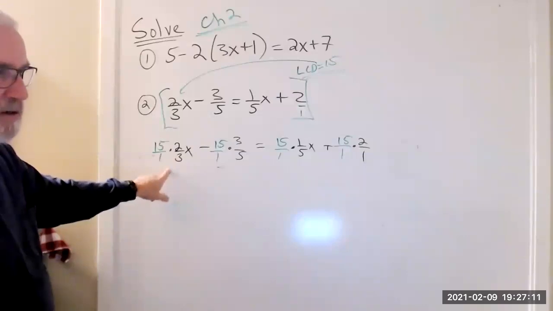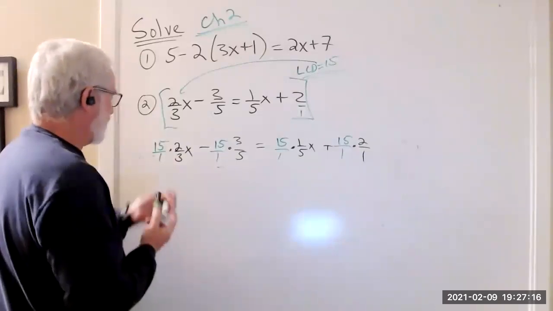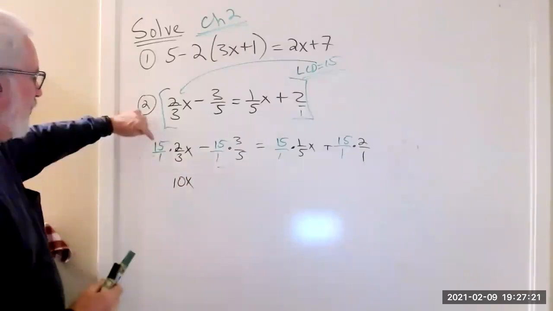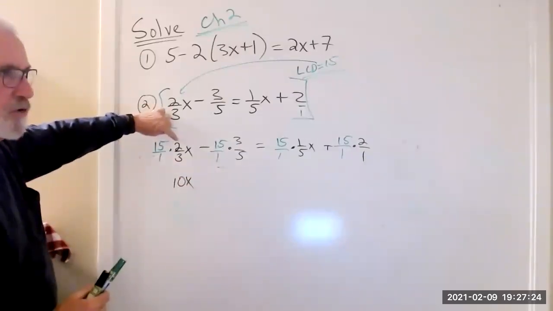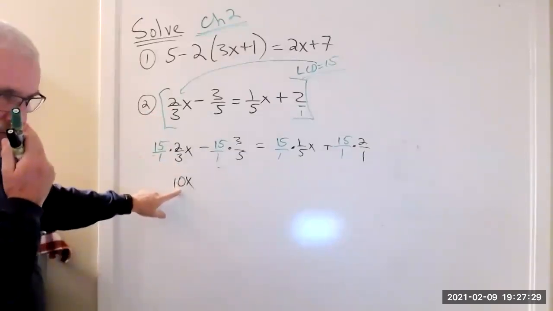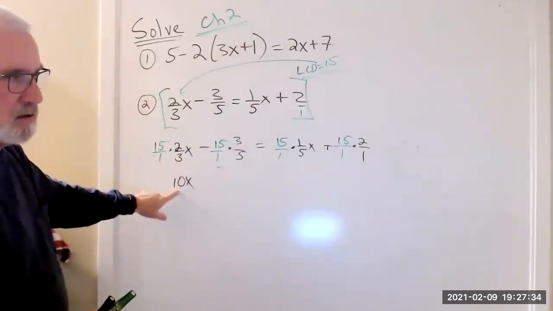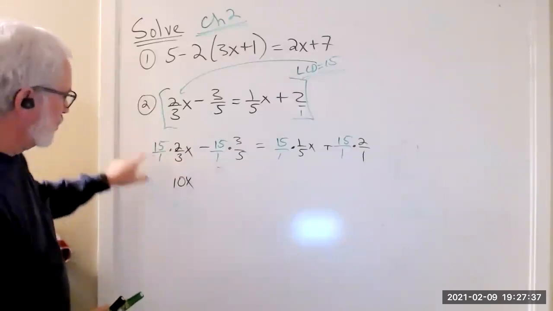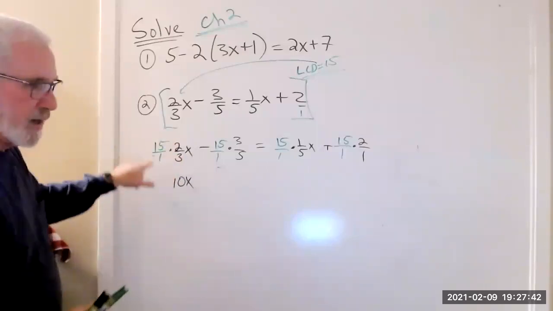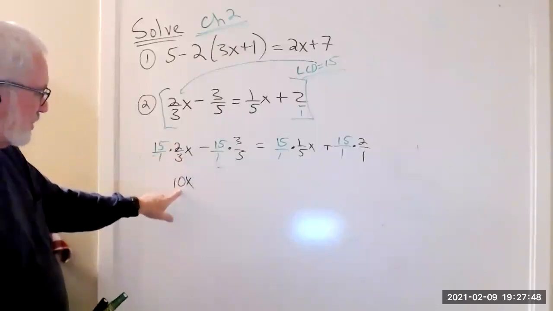I accept that some of you can do this and say it's 10x. 15 times 2 is 30, divided by 3 is 10x. Some of you can do that, but you do need to show me this 10x. How did I get the 10x? Just reduce the fractions right there. Do the fraction multiplication. Do them on your calculator, do them in your head, do it on scratch paper. I don't care, but that becomes 10x.